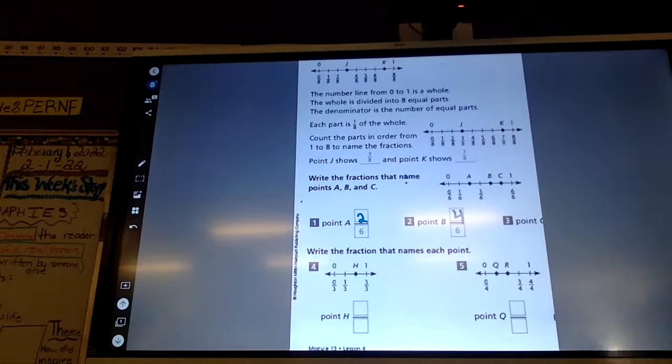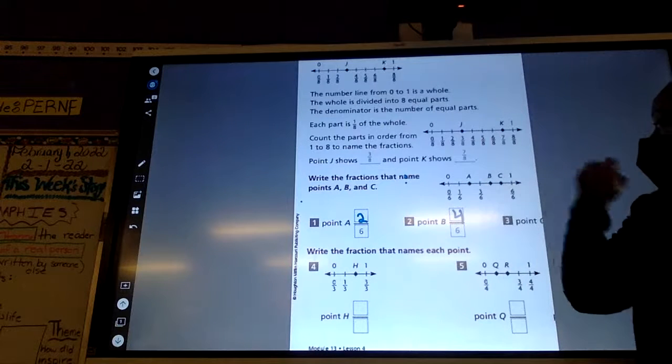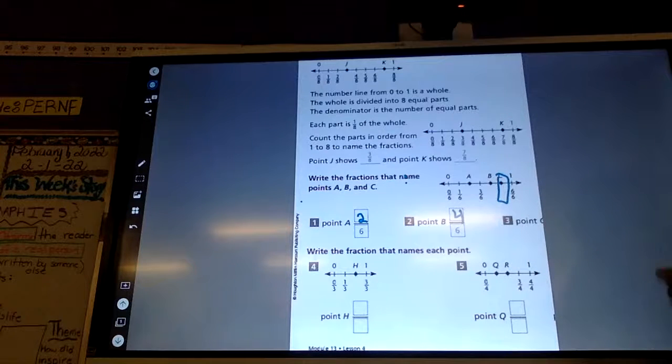And then I have one more. So we got 2/6, 4/6, and the one right beside 4/6 is missing. So what would we call point C? Put your hand down if you've come up or answered me. Kayla, you have not answered me. Tiana, have you answered me? You sure? You answered my question earlier.